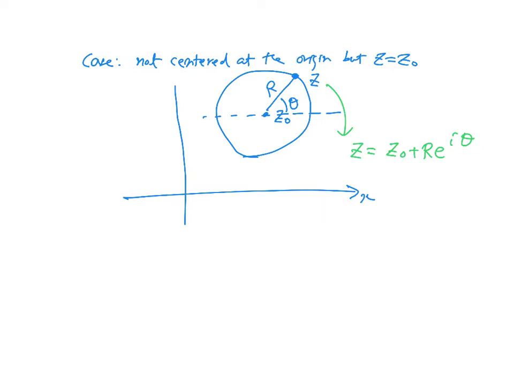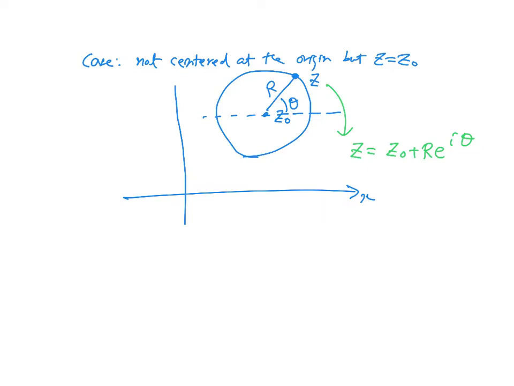You have a circle with the radius r, which is centered at point z naught, and you would like to describe the point z on the circle with the angle theta which is parallel to x. Then how do you define this point? It's simple, right? Z naught plus r exponential I theta. You just move this point to here, so just add this z naught, right?